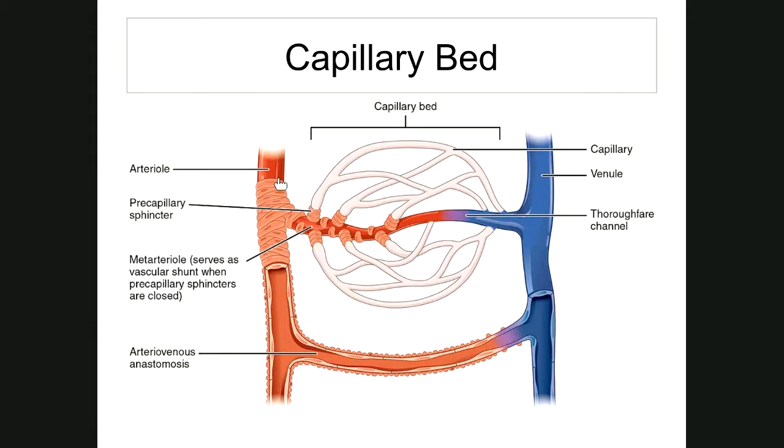Now capillaries, a single layer of endothelium. You don't see any smooth muscle around these. This is just endothelial lining. So when endothelial lining is by itself, that's called a capillary. Their primary function is to exchange gases and nutrients between the blood and your tissues, deliver that oxygen and nutrients to your tissues and pick up waste materials and carbon dioxide.